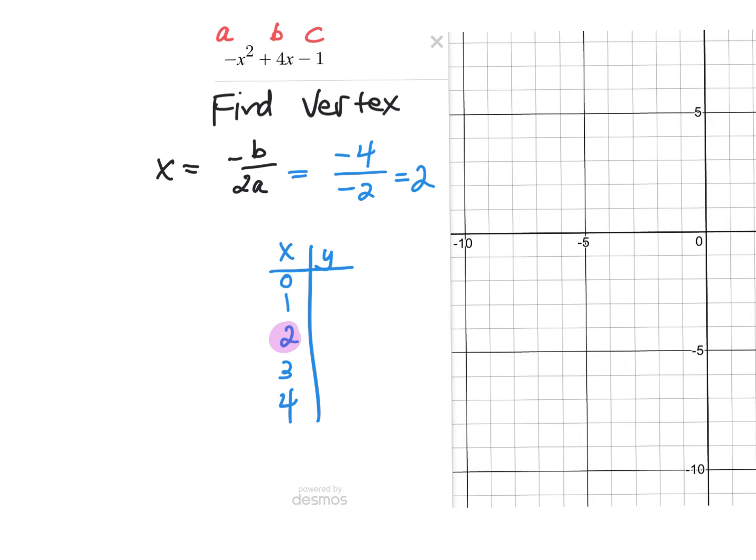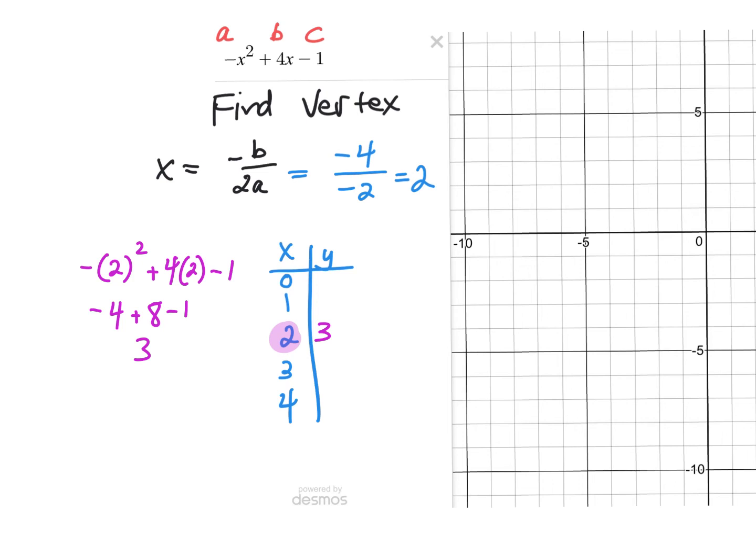It's going to be negative, and I'm going to plug 2 in for x in 2 different places. So I will have negative 4 plus 8 minus 1, which is, let's see, positive 3. That is our vertex point, 2, 3.